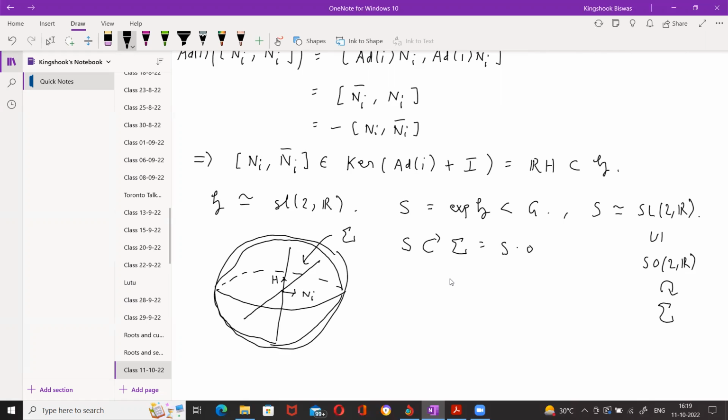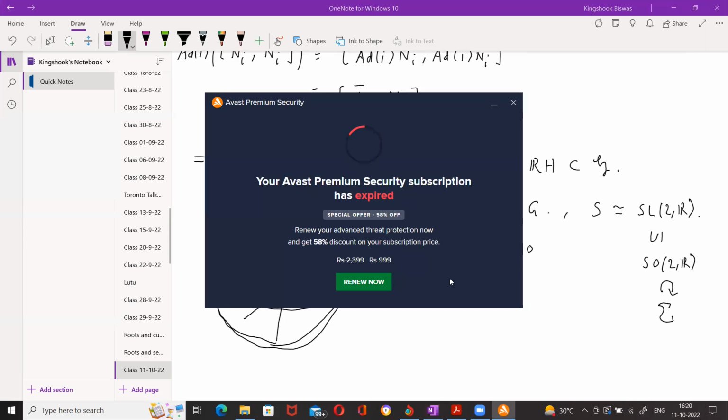Then by translating by elements of S, I'll get geodesics through all points in all directions. Therefore I'll get geodesics between all points in this submanifold, so this submanifold will be totally geodesic. That is, any two points can be joined by a geodesic in it.